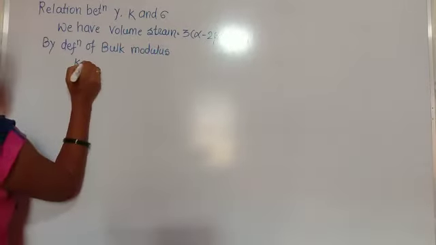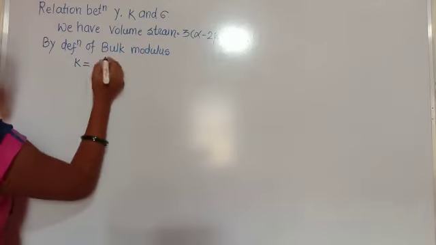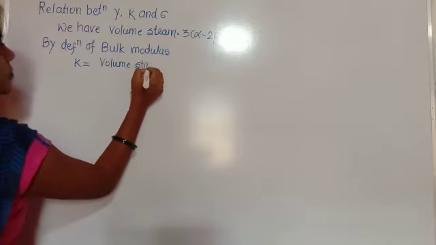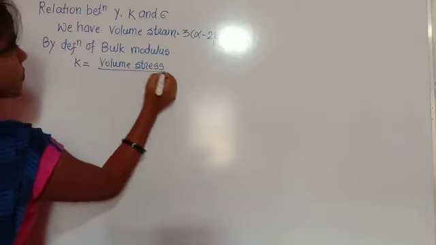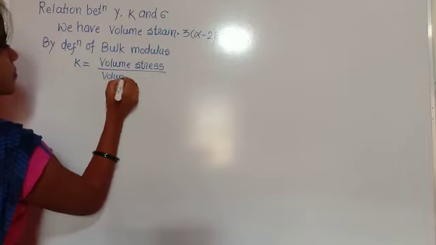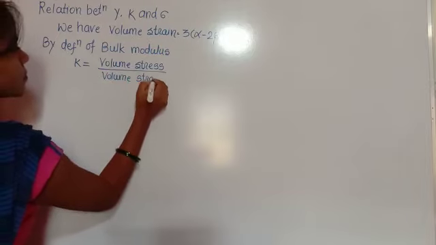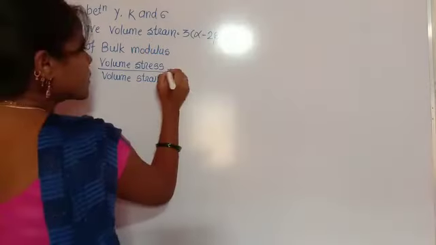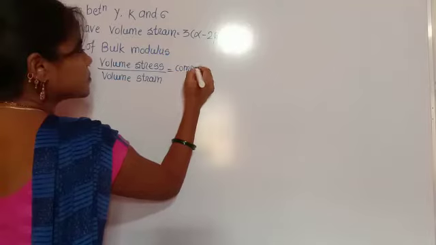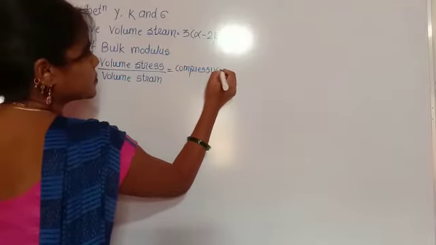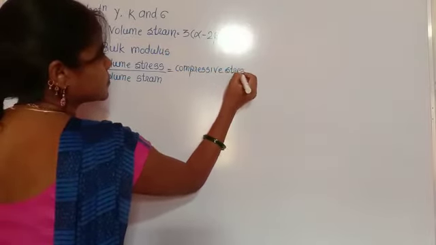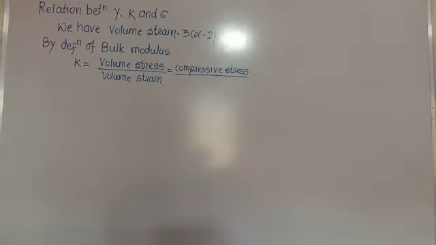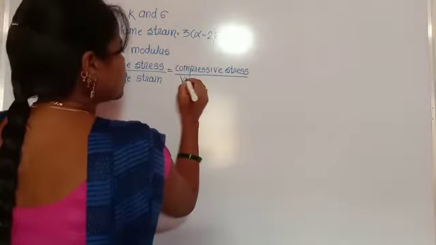K, the bulk modulus, is equal to volume stress divided by volume strain. The volume stress can be a compressive stress or an extensional stress.